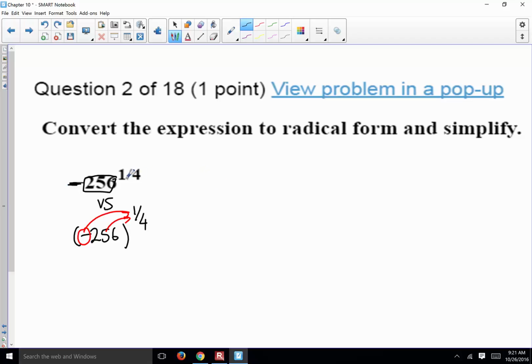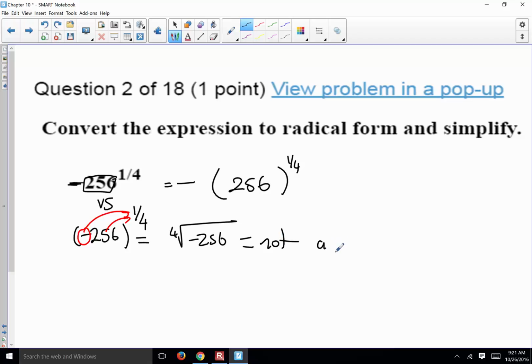If the power doesn't have a parenthesis, that means it only covers the digit part, not the sign. So minus is left out here. This is what you have: minus, and the power only covers 256. This one, minus is in. If the minus is in, yes, you were right to say not a real number.